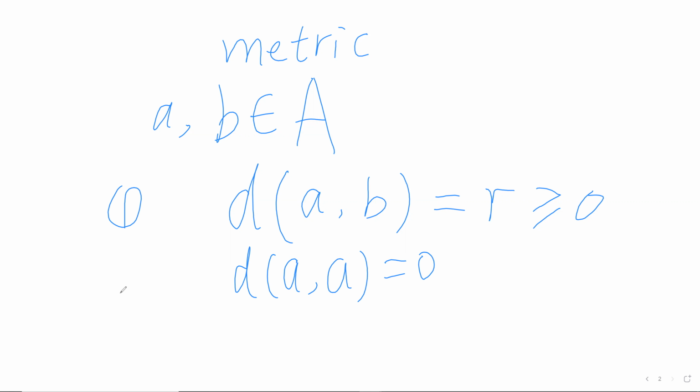The second property a metric should satisfy is symmetry, or interchangeability. That means the distance between a and b should be the same as the distance between b and a.